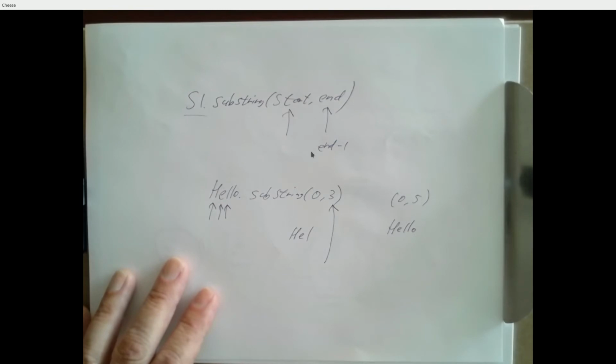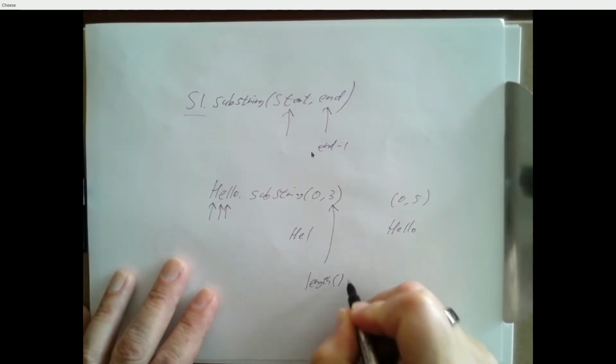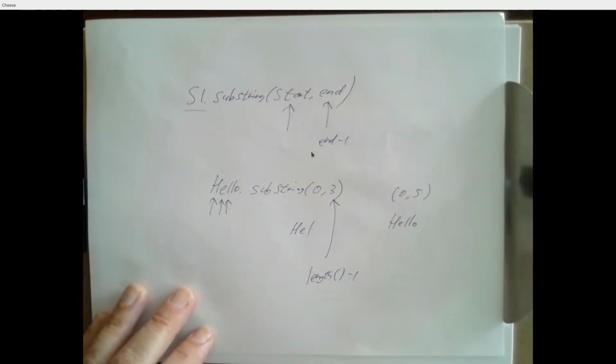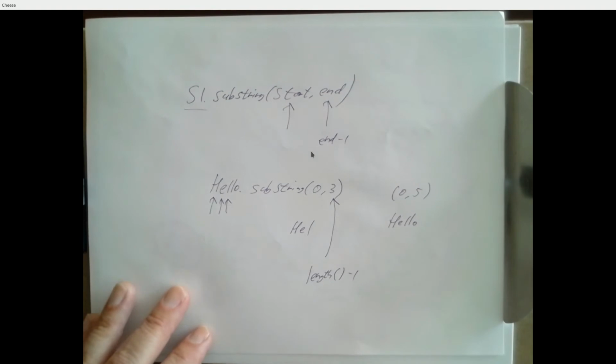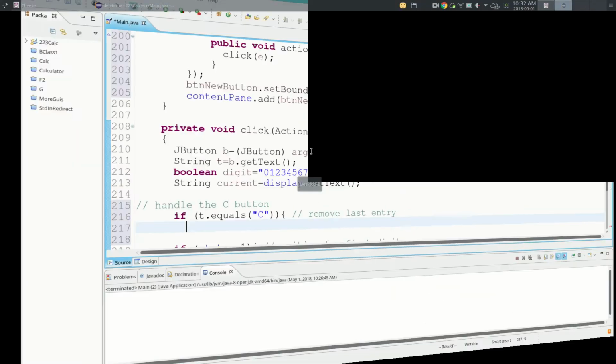Say again? Length -1. Yeah, length -1. Because we're indexing from 0, so it's off by 1, right? So this will basically take us up to, and including, the character before the last character.